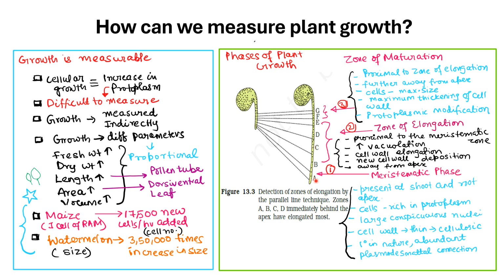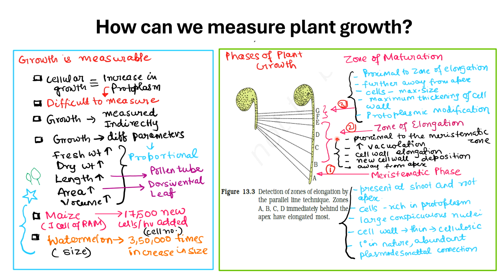We get zone A, in which there is a little increase in length, and zones B, C and D, in which the increase in length is very evident, and there is no or very minimal change in the length of the bands E, F and G.